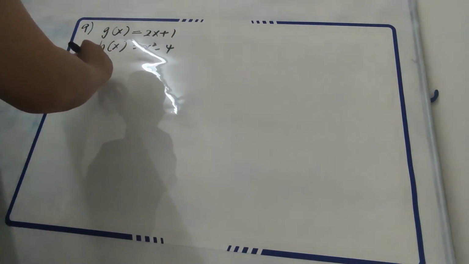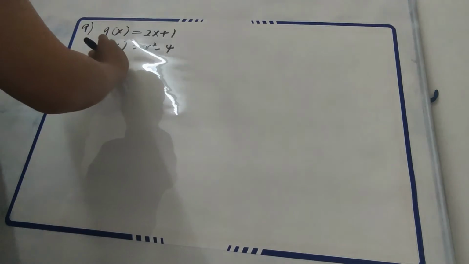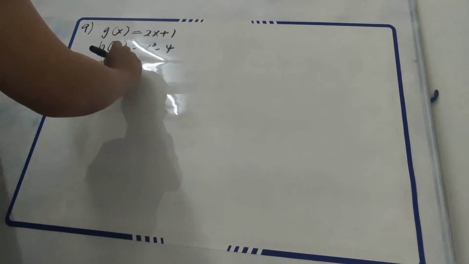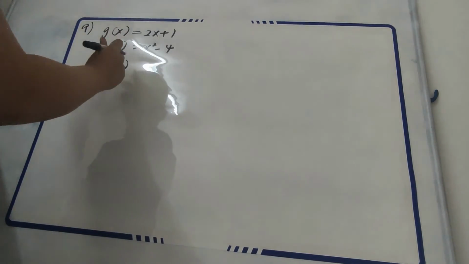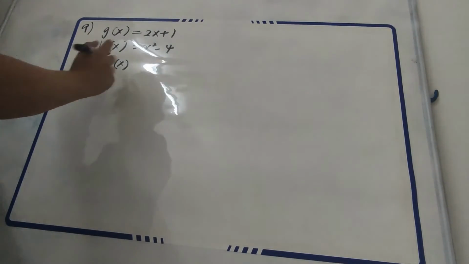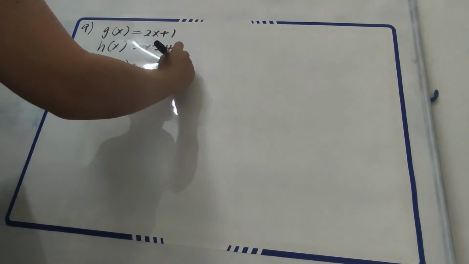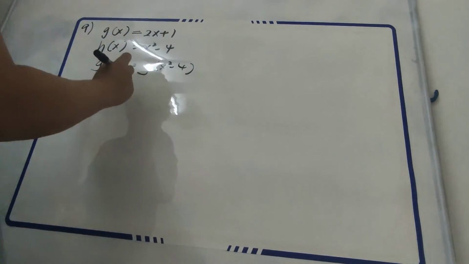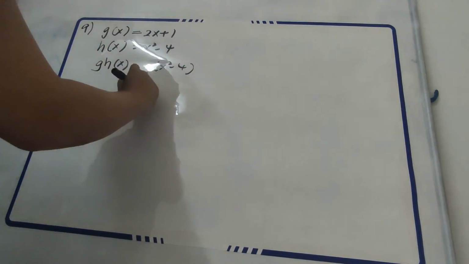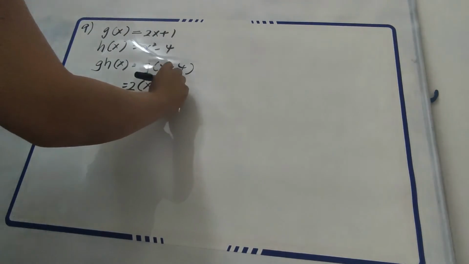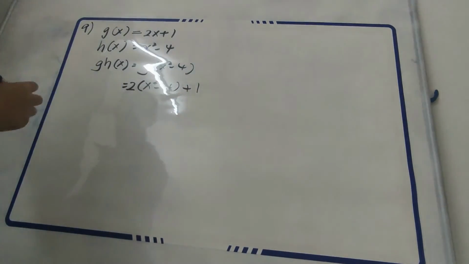The question asks what is the composite function g(h(x)), h inside of g, so it equals g(x squared minus 4). So it equals 2 times (x squared minus 4) plus 1.